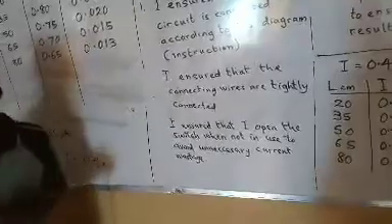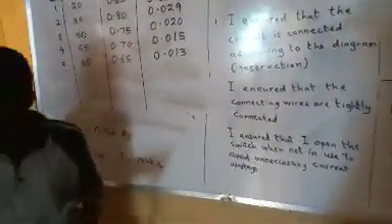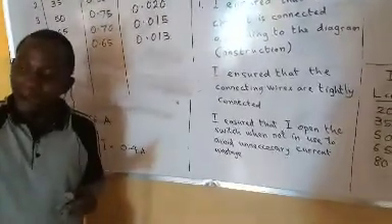The reading will keep going down, it will be really going down. The third one, I avoid error due to parallax when checking my reading.